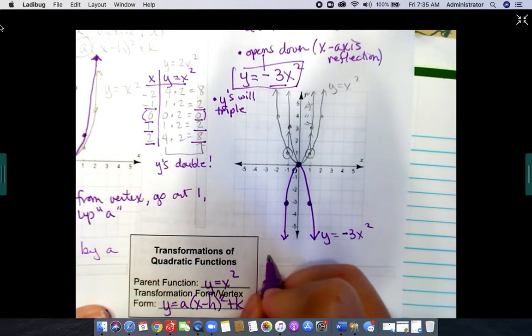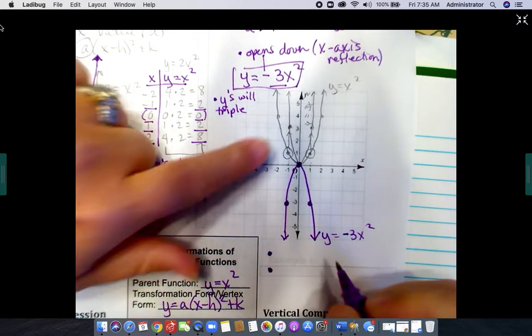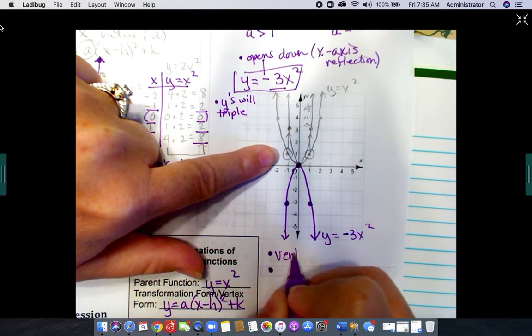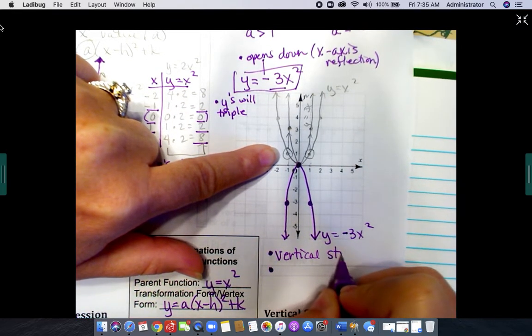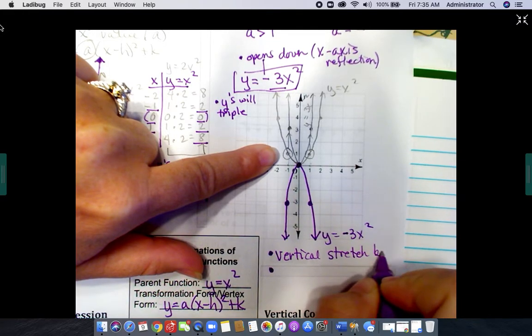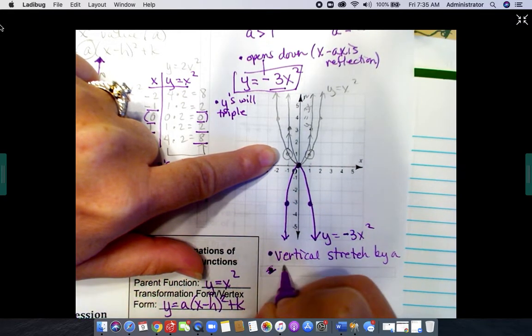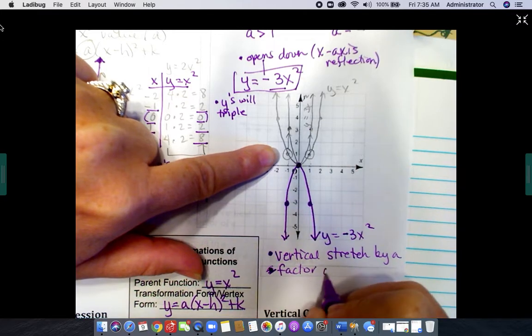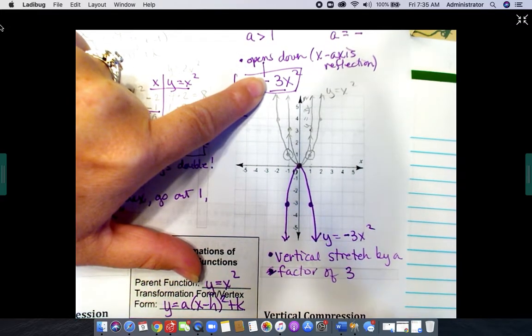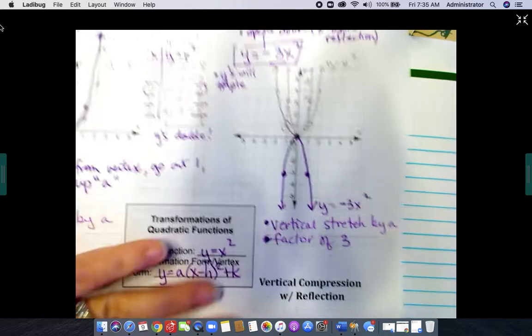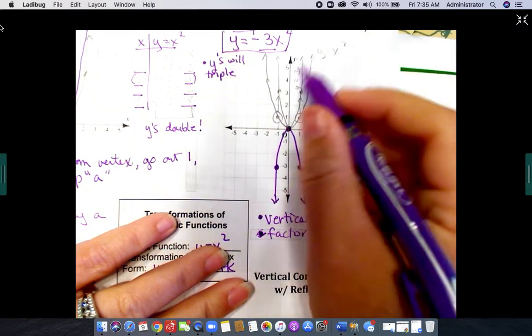Over here, there are 2 transformations. The first one we did was a vertical stretch by a factor of 3. It'll never be a negative. Just always make the factor that, because we're just going times 3 times 3 times 3.